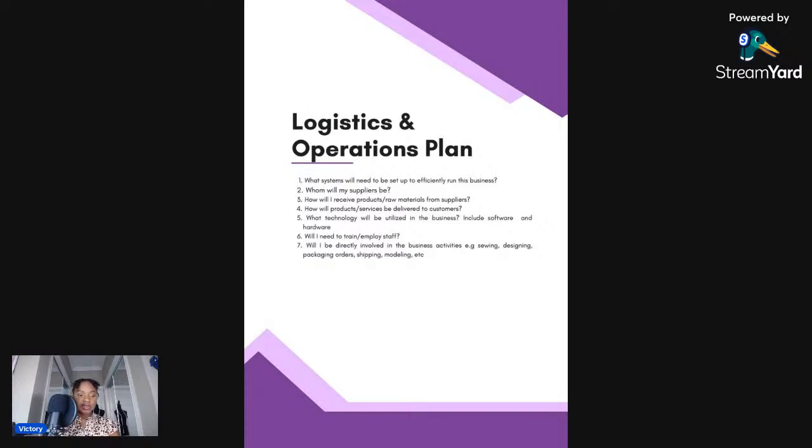So if you have a fashion business and you make beautiful Ankara skirts, for example, how would they be delivered to your customers? Do they come to your shop and pick them up? Do you hire somebody as a delivery person who delivers the clothes to them? Do you use a delivery service? You just need to be clear and have an idea about what these plans are going to be.